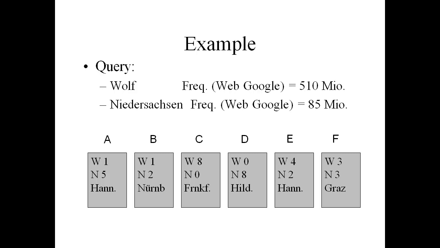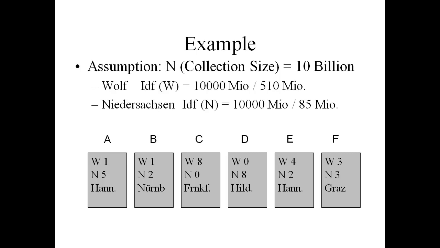So both are not very good terms, but there's still a difference between them. Niedersachsen, as we said, is a better term. It should be given a higher weight. And how can we calculate that? We divide 10 billion, or 10,000 million, by 510 or by 85. And we get the IDF, the inverse document frequency, of both terms.